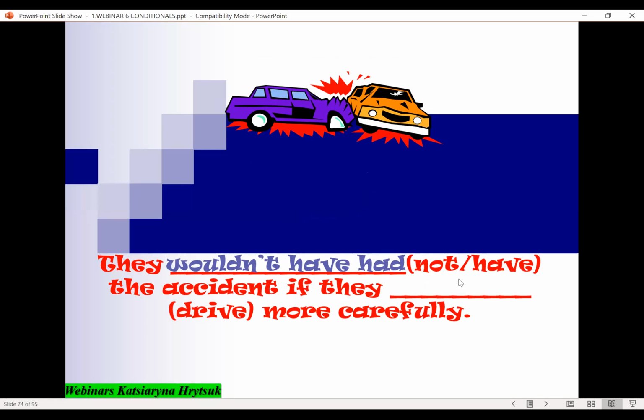You have main verb have and auxiliary verb here also have. Would have had. They wouldn't have had the accident if they had driven more carefully. Verb 3: drive, drove, driven. Had driven. Okay, past perfect, had driven. So verb 3.